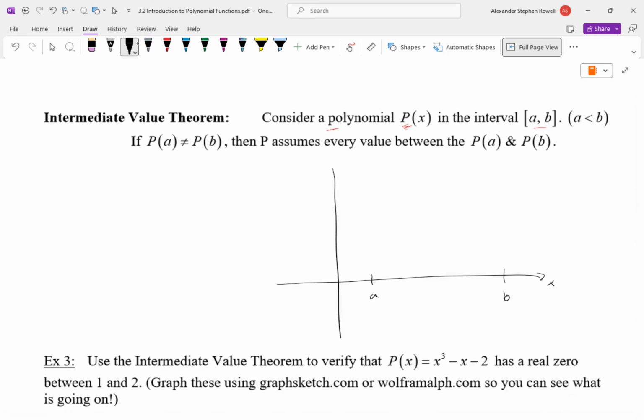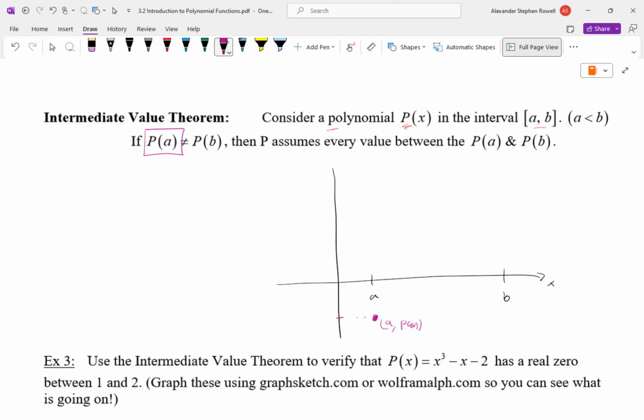p of a is not equal to p of b. What does that mean? What does p of a represent on my graph? It's the y value when x is what? a. So when x is a, let's say this is my point, a, p of a.